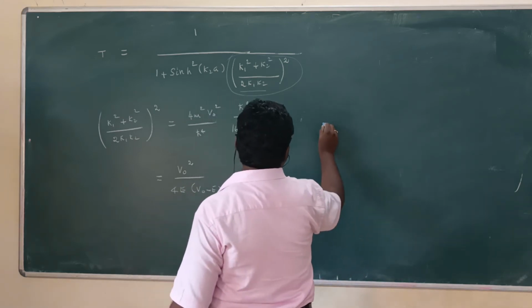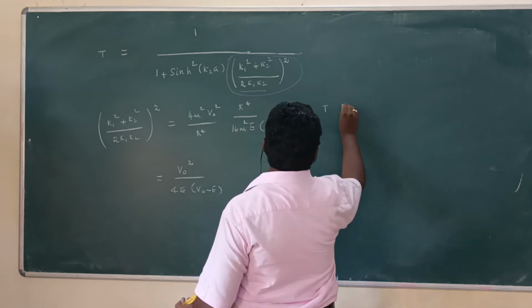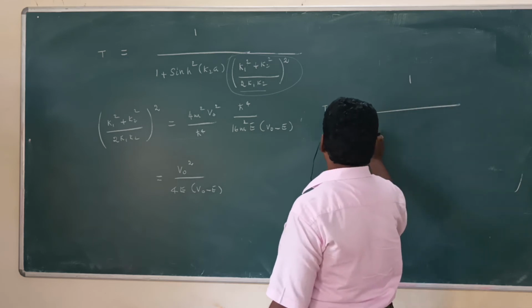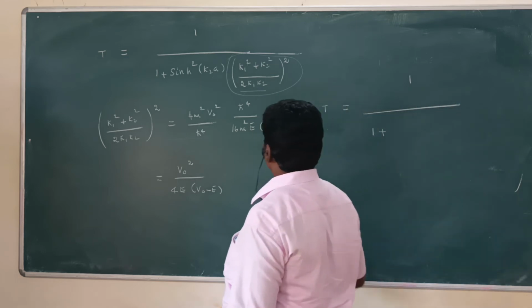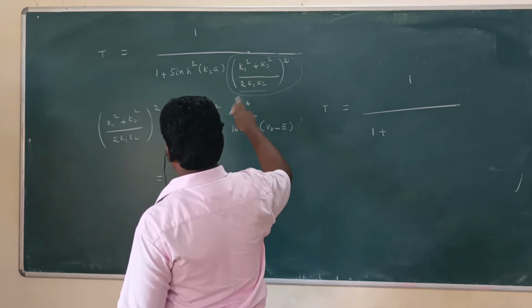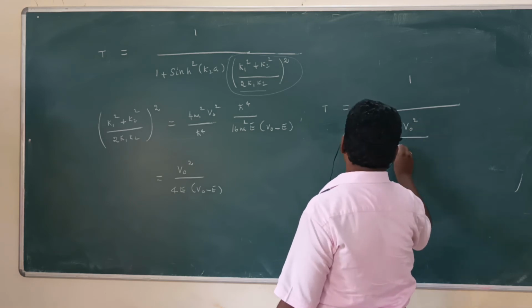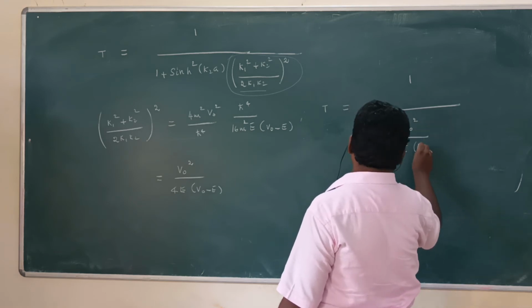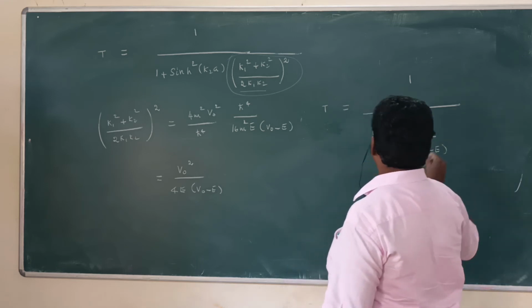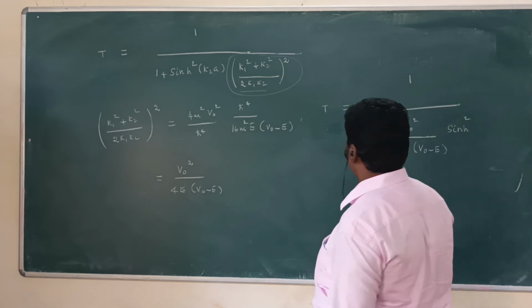The value of T is equal to 1 divided by 1 plus this value, (k1 square plus k2 square) divided by (2 k1 k2) whole square, which is V0 square divided by 4E into (V0 minus E), then sinh square of k2 into a.